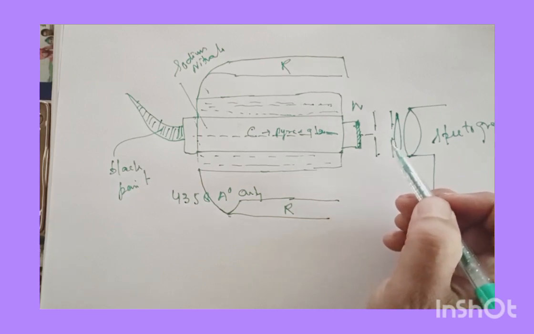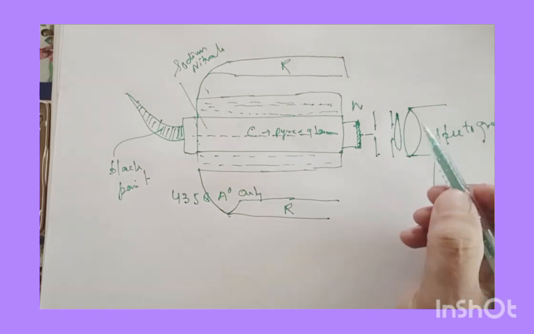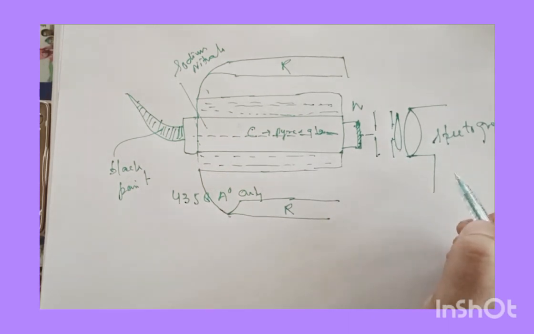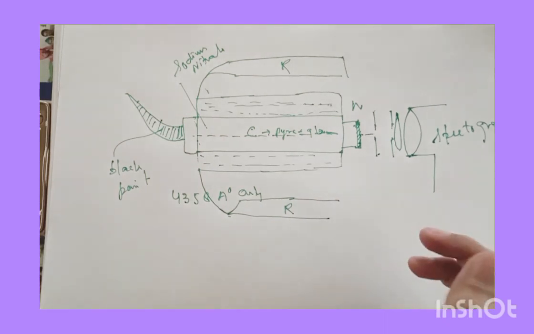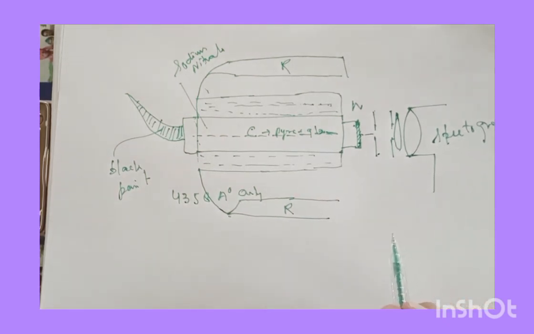Now, in the spectrograph we obtain the Raman spectrum on either side of some central intense line.